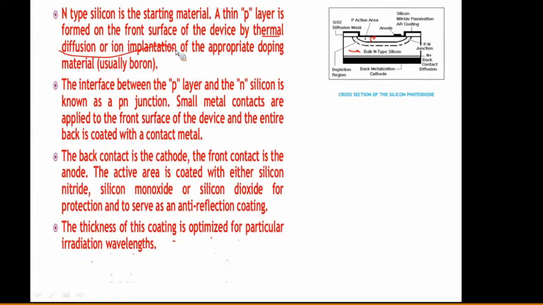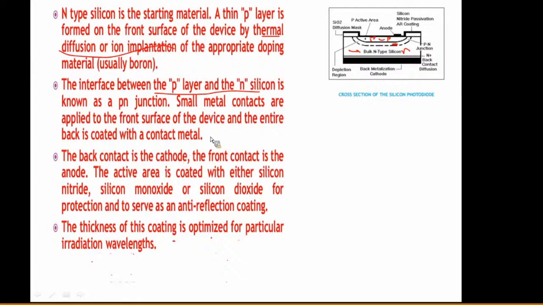I think you are going to see this in the VLSI subject, in later classes. With the help of the diffusion process or ion implantation process, you can form the P region as well as the N region. The interface between the P layer and N silicon is known as the PN junction. This is the P layer and this is your N material. The interface between these two is your PN junction.